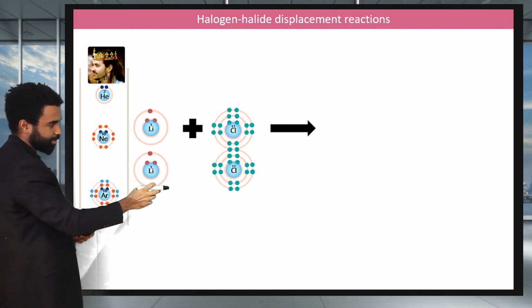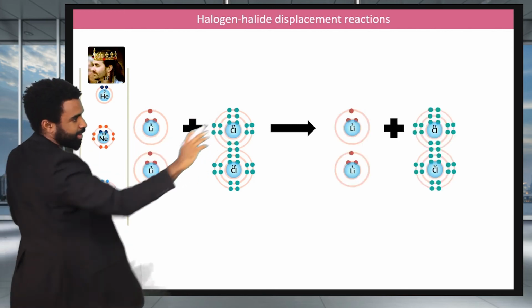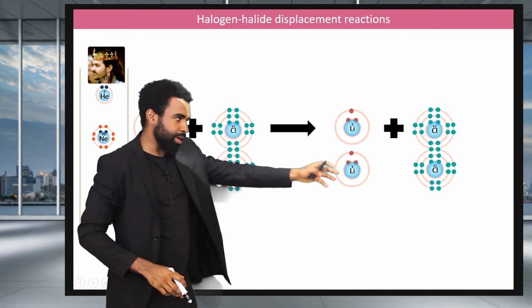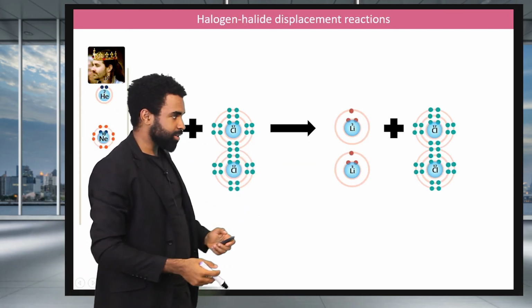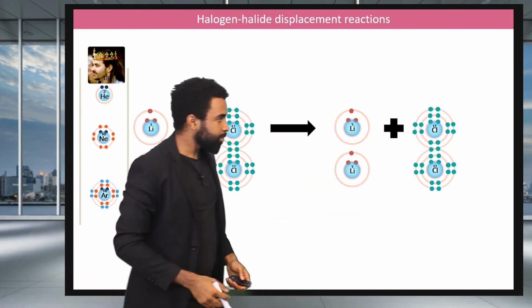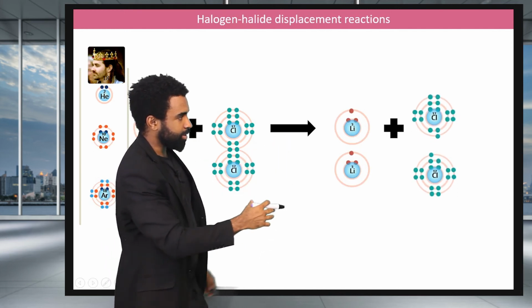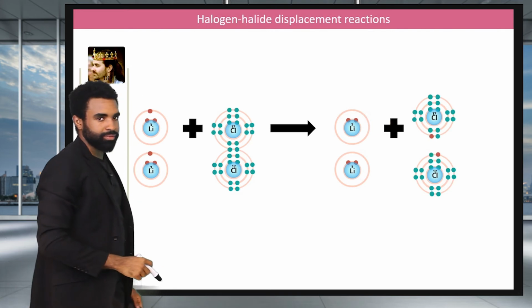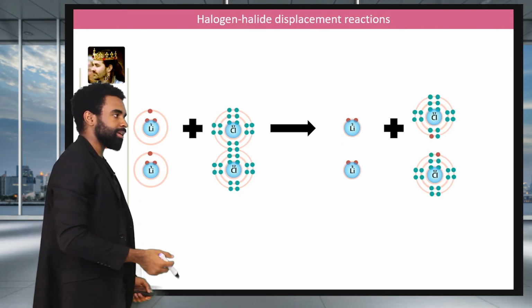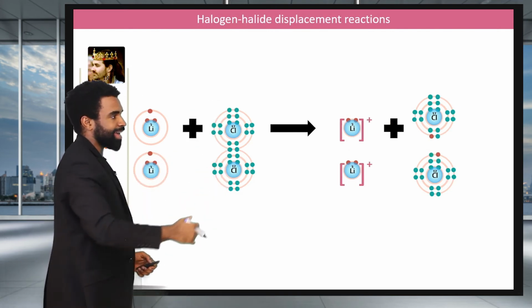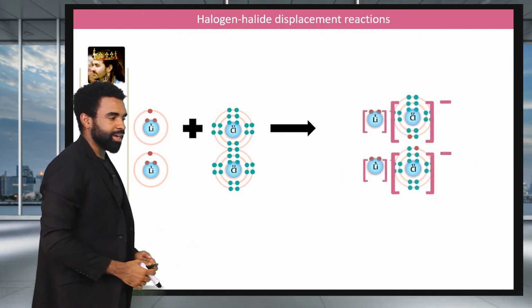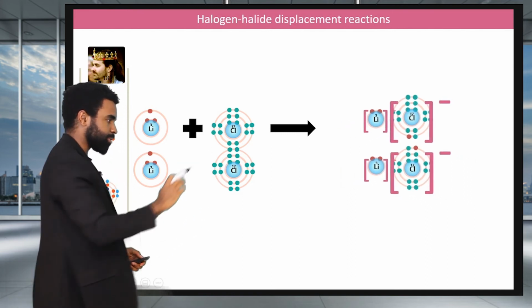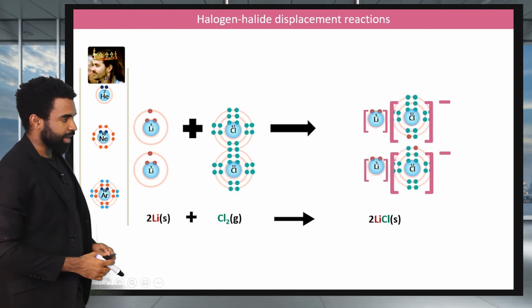So now let's duplicate the lithium and then put that on that side. And we can watch the reaction go there. Again, it's the exact same reaction. So now the chlorine will break up into the separate chlorines and then just take the outer shell electron, the valence shell electrons from lithium. And then we have the same thing. We have those cations there, those anions. They attract each other. And now we can write down a more accurate reaction.